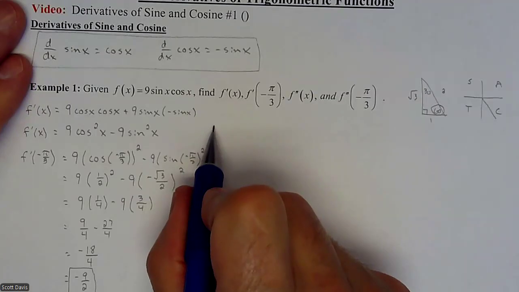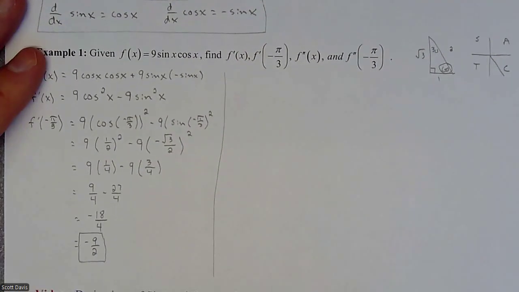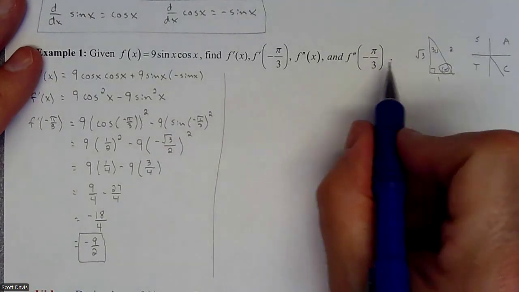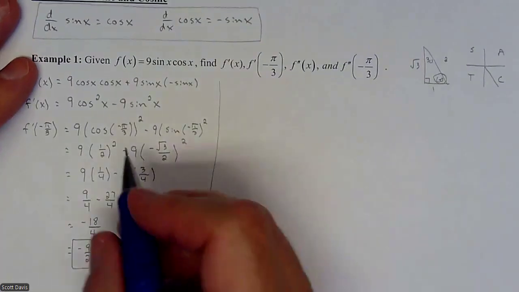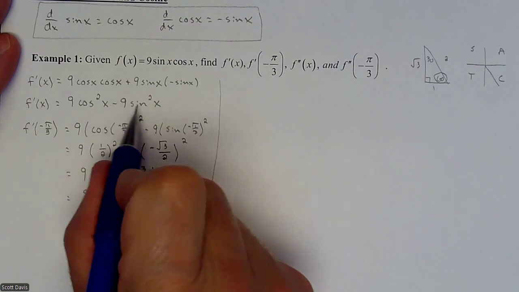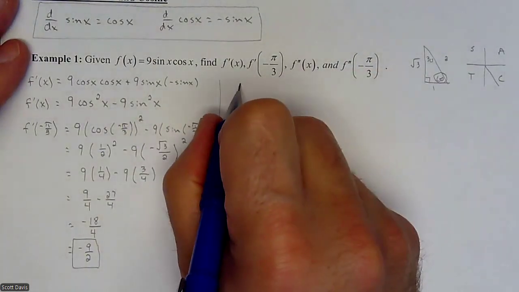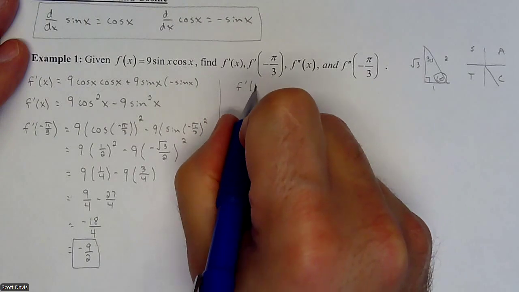Then the second part of this is finding the second derivative and plugging in the exact same value. We'll probably be using some of these exact same values. But this is our slope equation that we're taking the second derivative of. Before I do that, I'm going to rewrite this to be a little more derivative friendly.